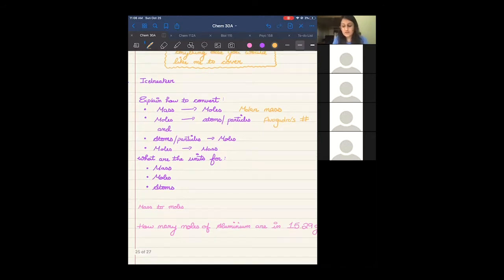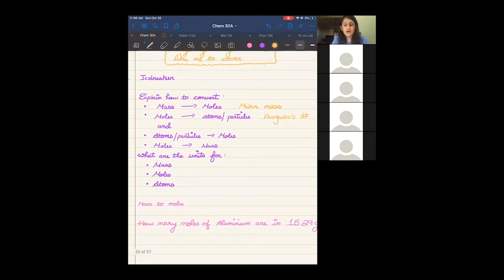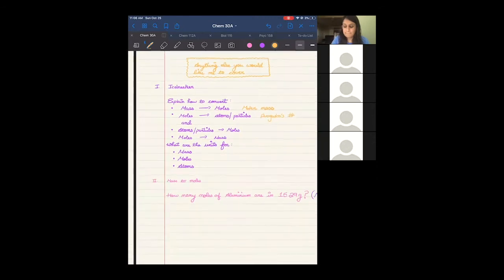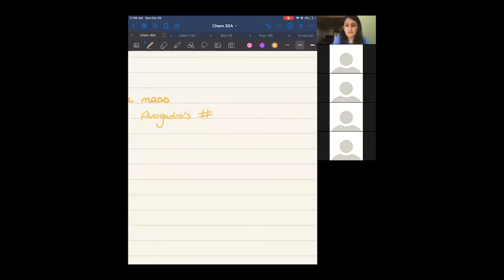If everybody's comfortable with this, what is Avogadro's number? Mm-hmm, 6.02 multiplied by 10 to the power of 23. Okay, so this is our Avogadro's number.